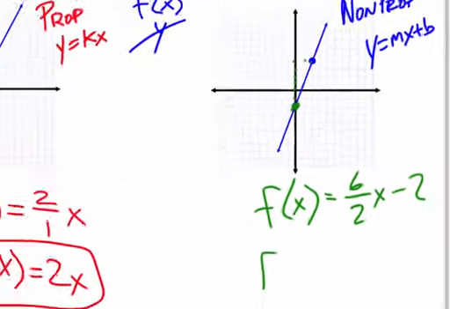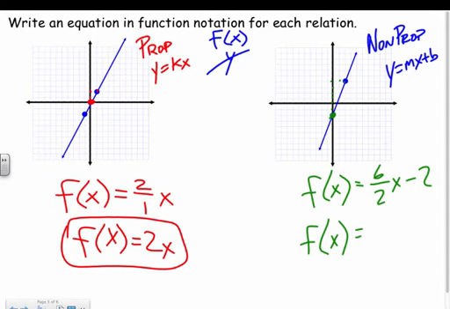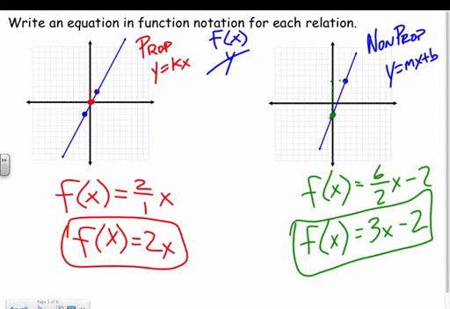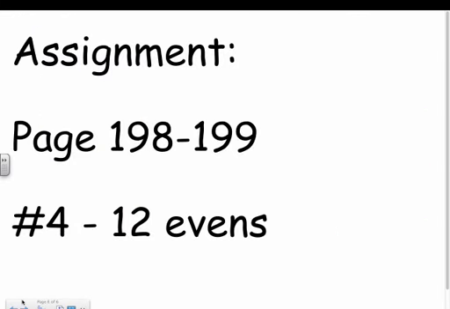And let's simplify this. So f of x equals 3x minus 2. Done. There you go. So if it's proportional, it goes through the origin. y equals kx. There's just no y-intercept. Just find its slope. If it's non-proportional, it does not go through the origin, so you need to find the slope and the y-intercept. And for function notation, just use f of x. Okay, not too many. Shouldn't take you too long.